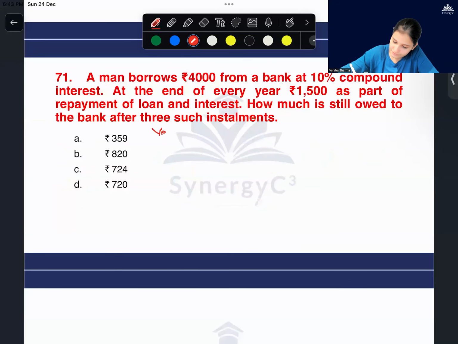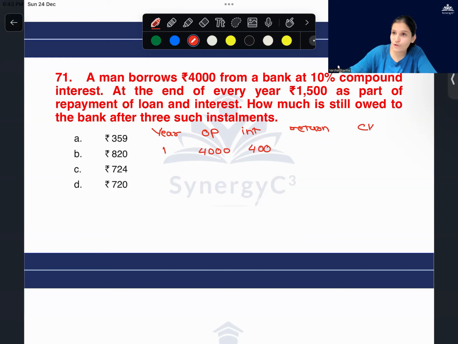So here, opening value, interest, repayment, closing value. First year, opening starting from 4,000, interest 10%, so 400.